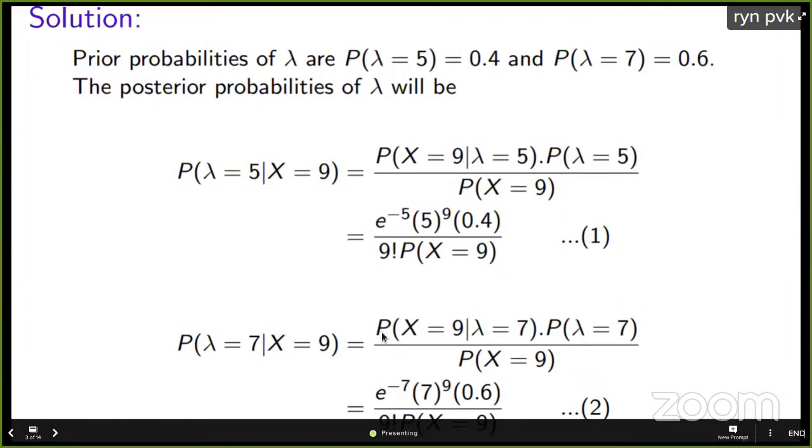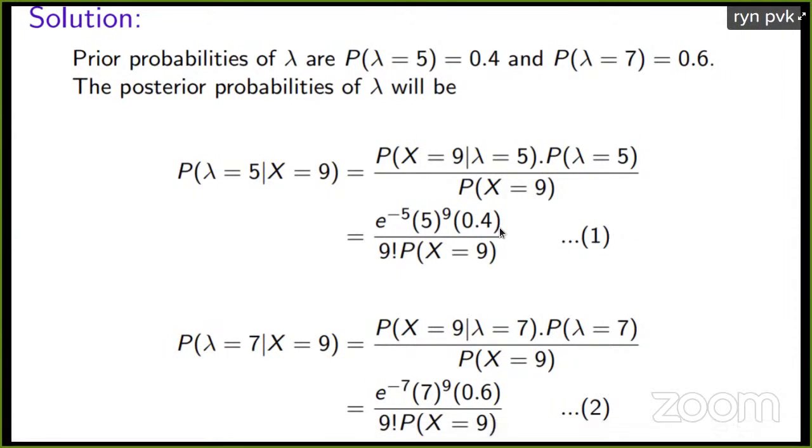And probability that x equal to 9 given that lambda equal to 7, again same: lambda is 7 and x is 9, and we know the Poisson distribution, e to the power minus lambda, lambda to the power x divided by x factorial, which is e to the power minus 7, 7 to the power 9 divided by 9 factorial. So here in both of these equations, what is the common term? Probability that x equal to 9, right?